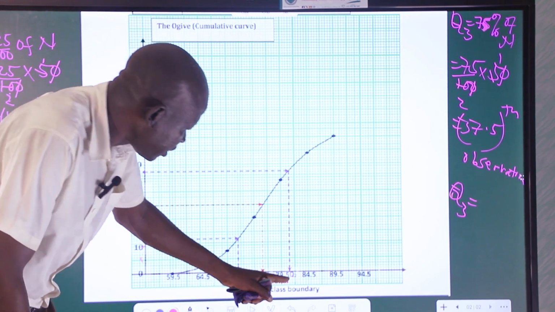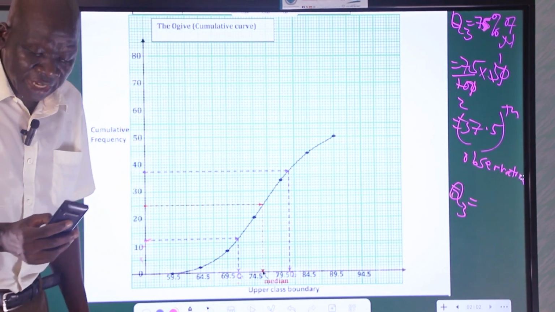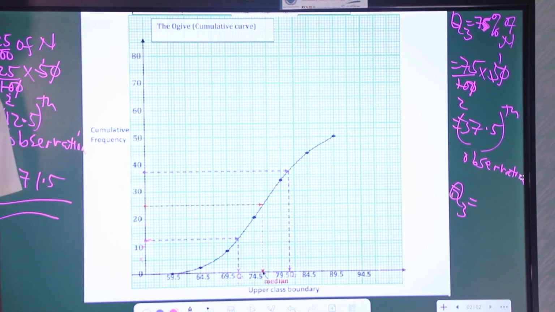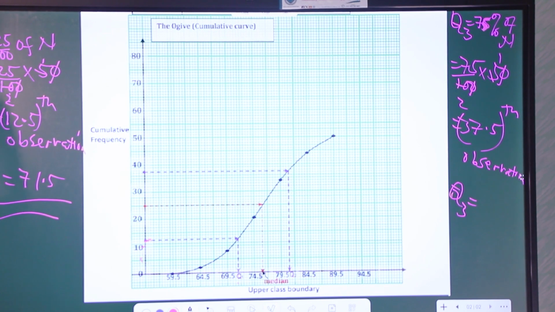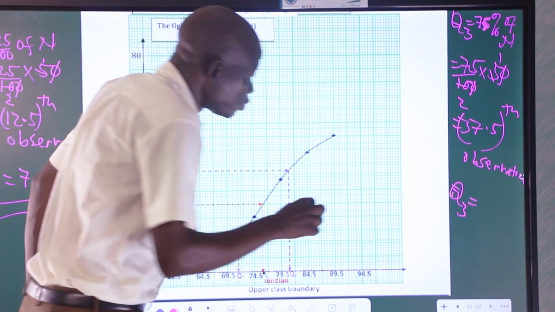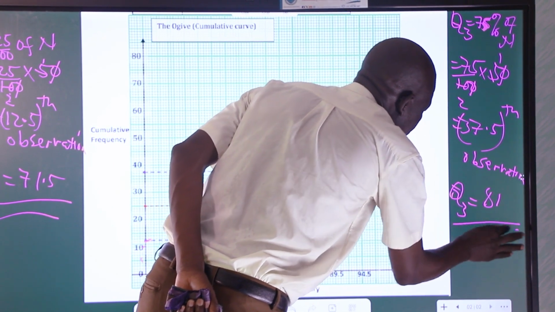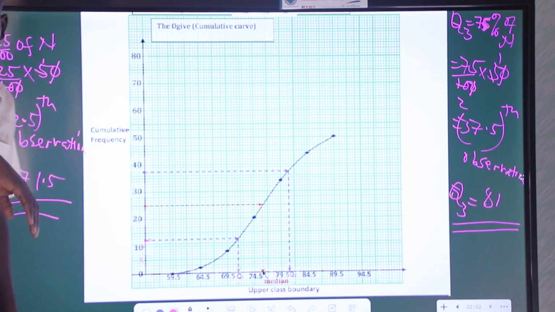So this 1.5, you add it to 79.5. 79.5 plus 1.5, you find that we get 81. So it means our upper quartile, which is Q3, is equal to 81.